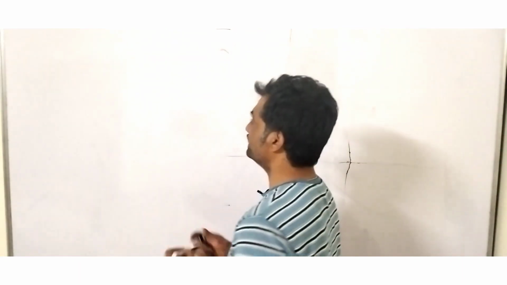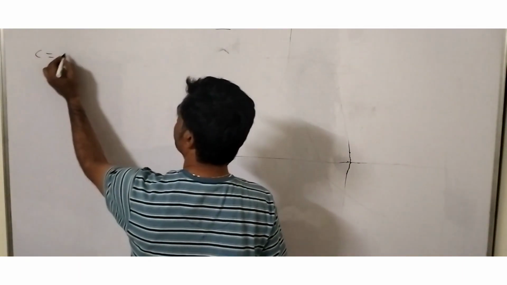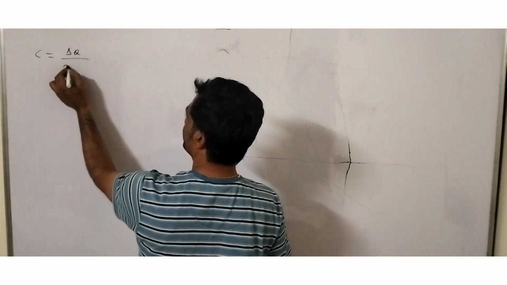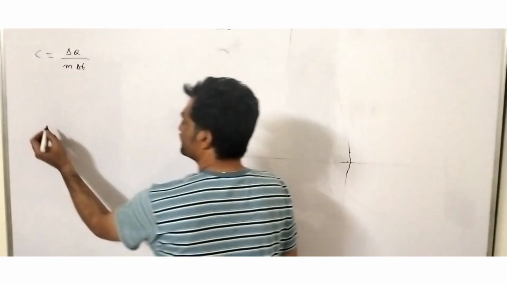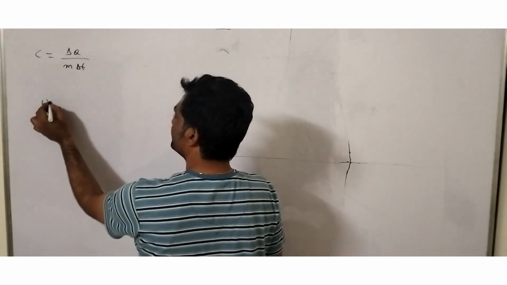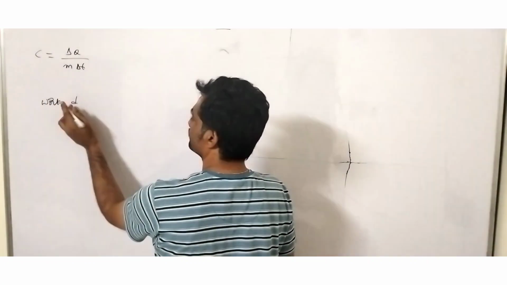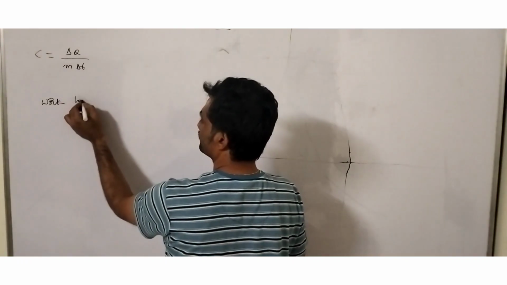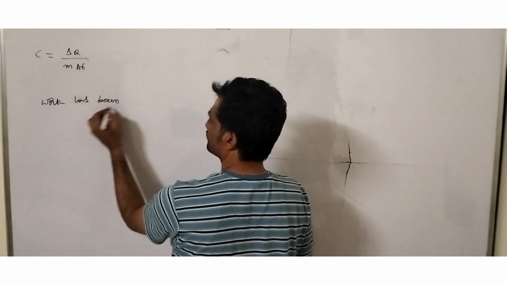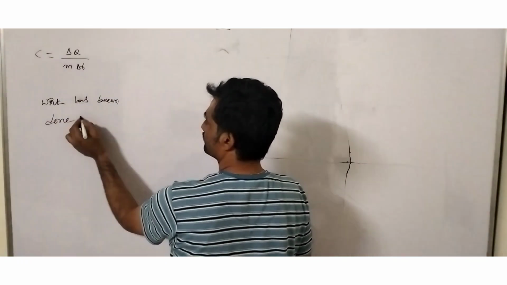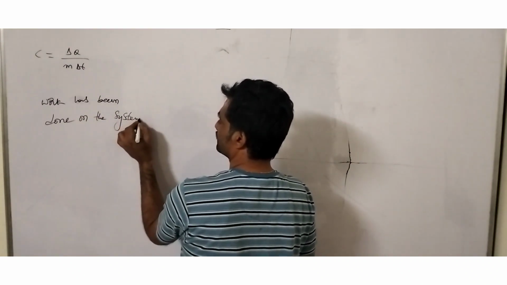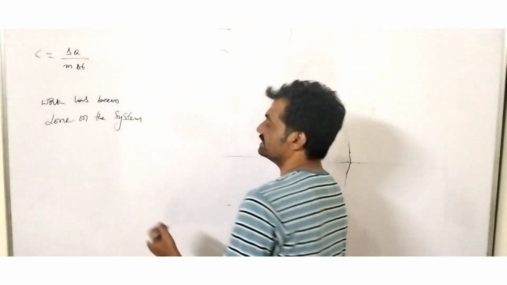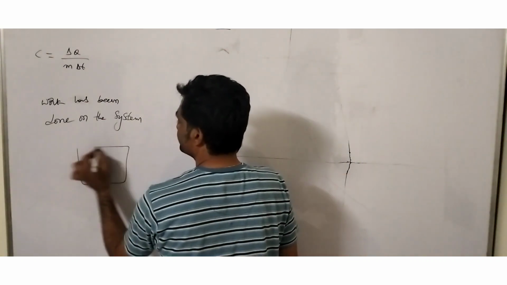Okay, as we had represented, specific heat is given as C equals delta Q by M into delta T. Now, let us consider that work has been done on this system. So now, here we are compressing the gas.